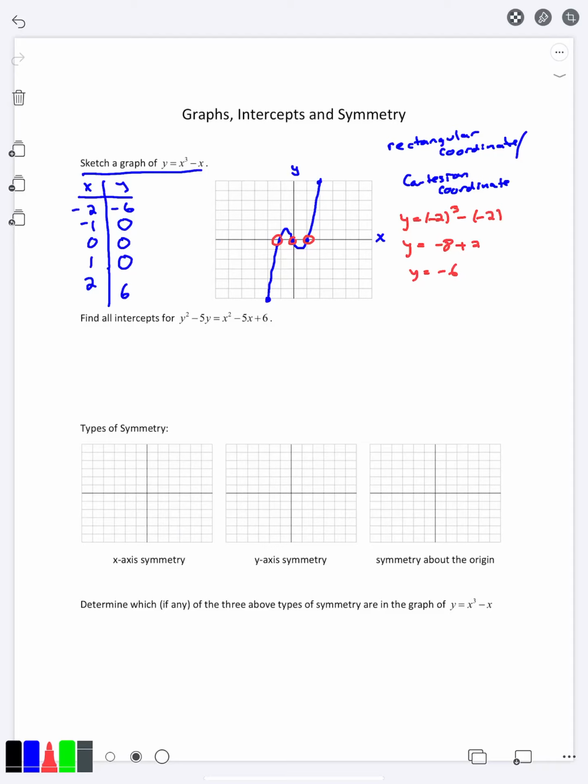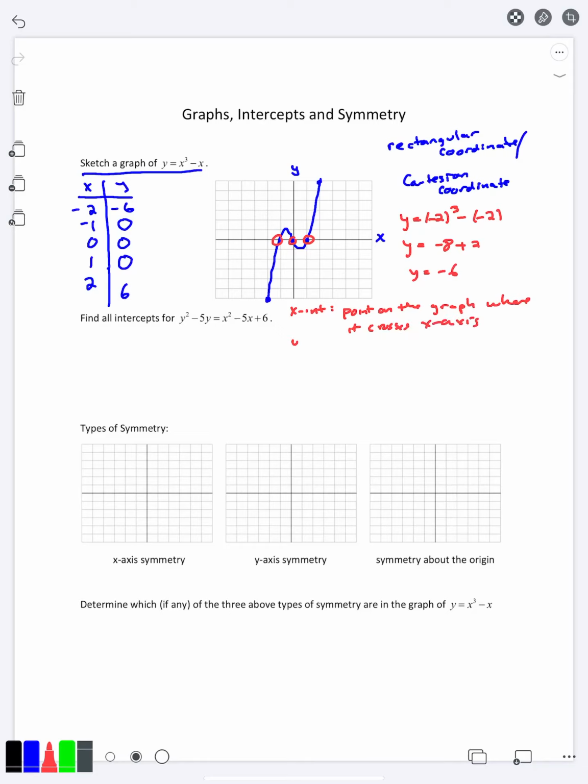And we're going to give them different names. The first name is going to be an x-intercept. An x-intercept is a point on the graph where it crosses the x-axis.